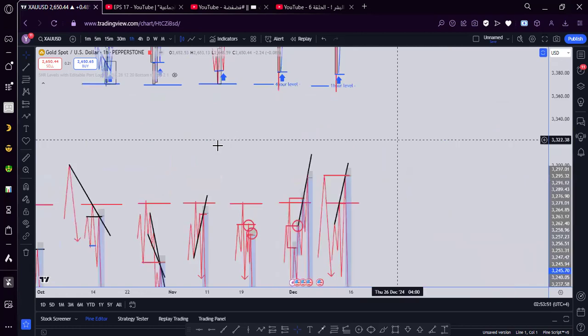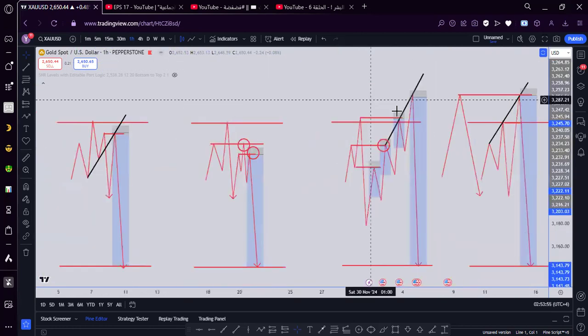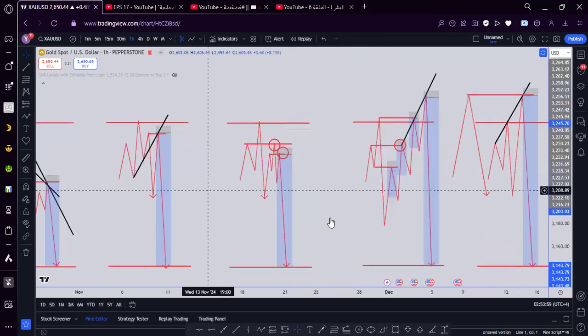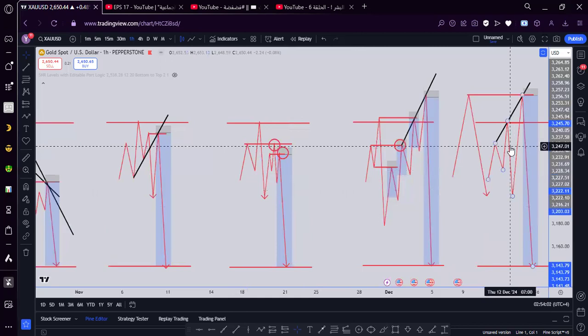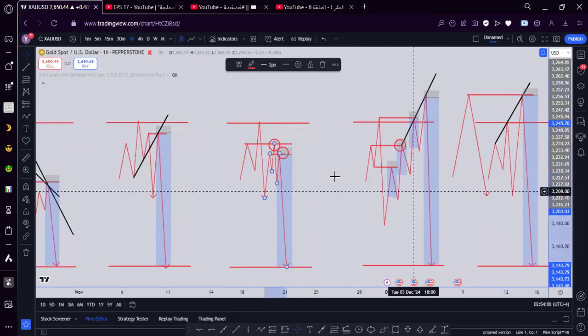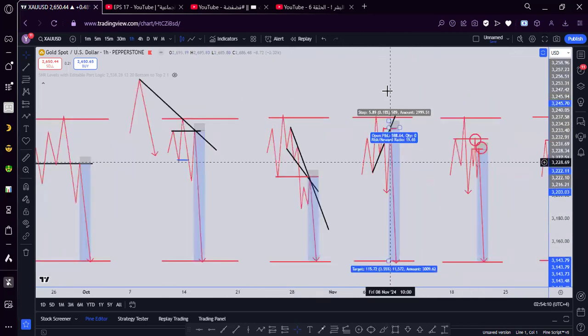What about the setups? On the setups, you can add two setups together. For example, this setup with this setup together, or this with this. You will have two setups together.